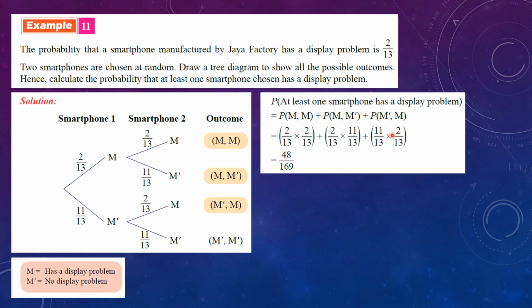So you multiply first, then you add the probabilities, and you will get 48/169.